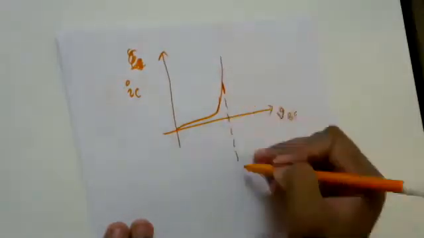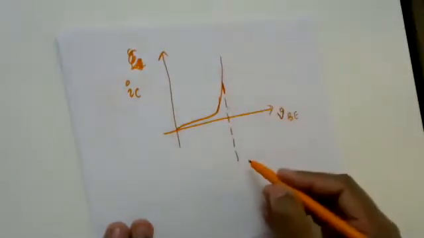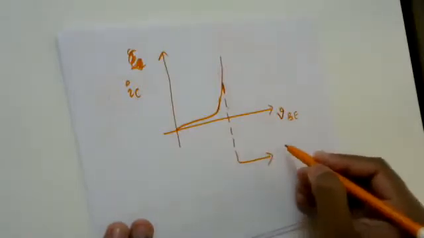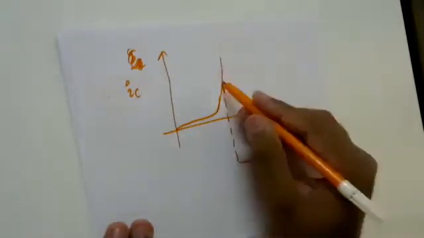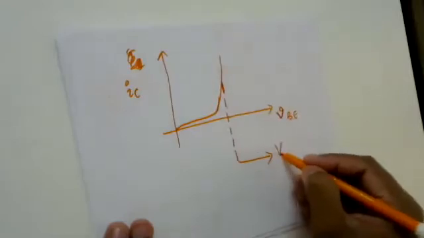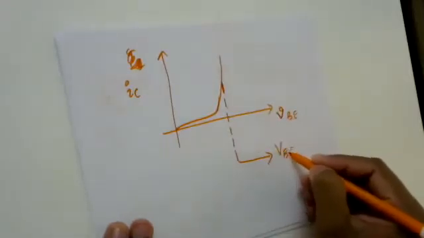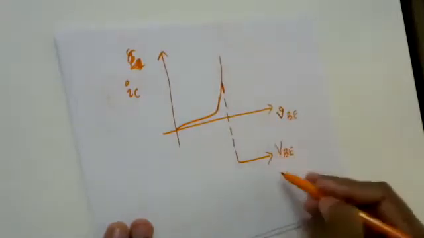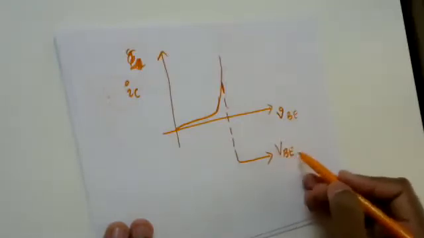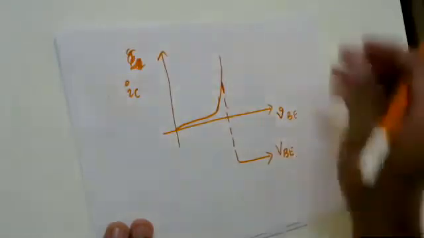So this is a constant DC value, representing a DC voltage, which is a constant. So I write this as capital VBE. Just concentrate on the notations.